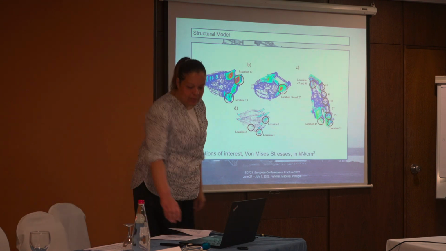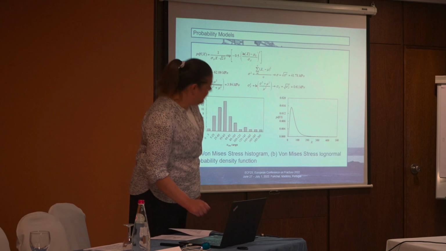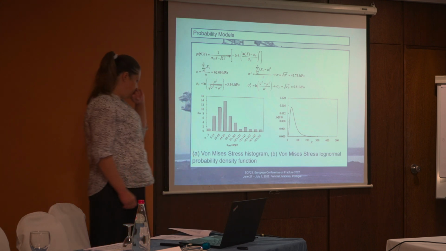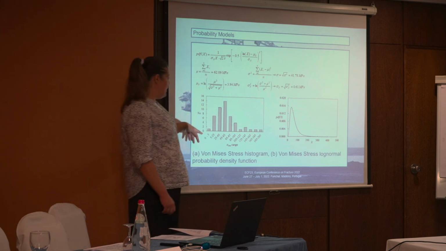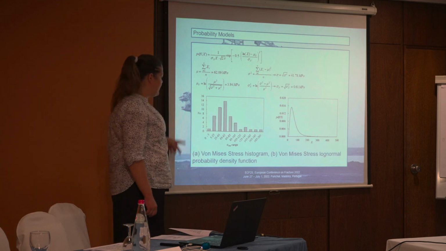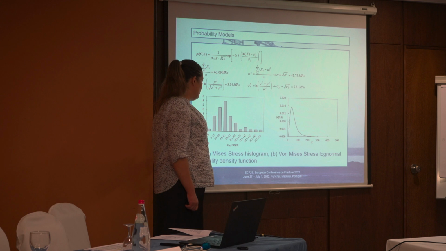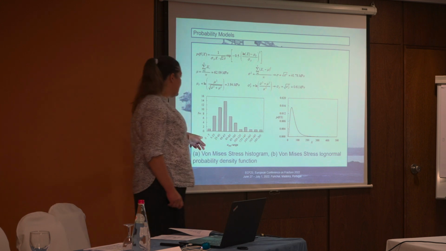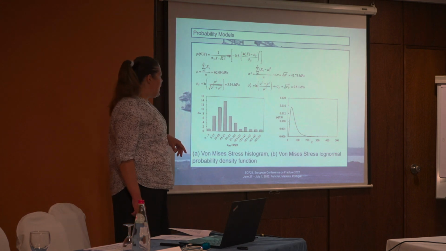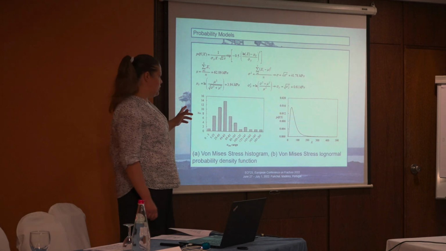So then we got into probabilistic analysis. Here you can see a histogram of the stress. On the horizontal axis you can see stresses, and on the vertical axis is the frequency of those stresses.